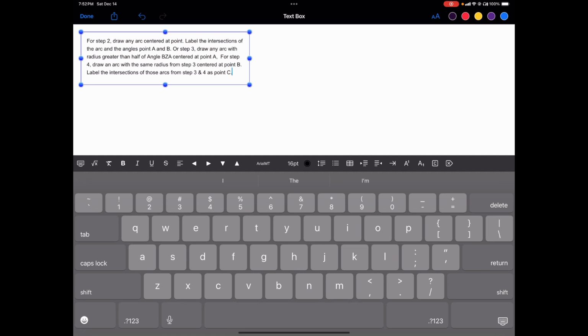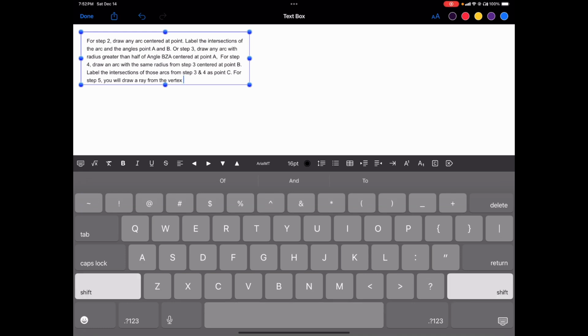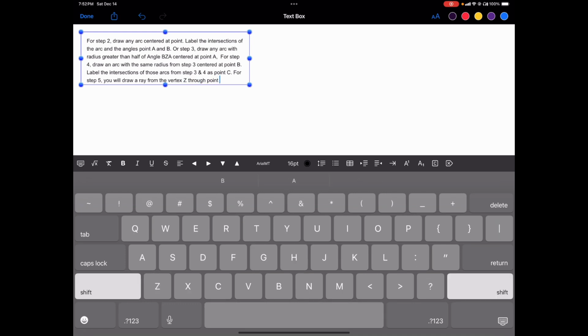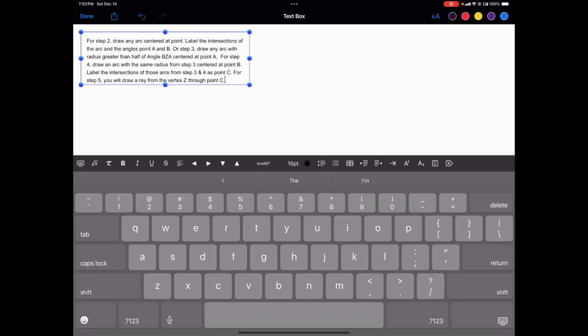And then the last step, for step 5, you will draw a ray from the vertex Z, right, through point C. So let me see if I was typing and trying to write at the same time.